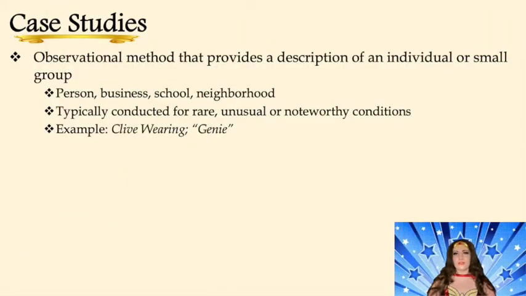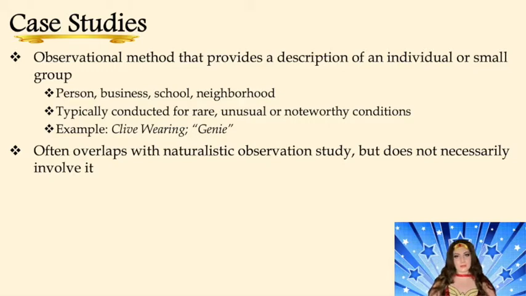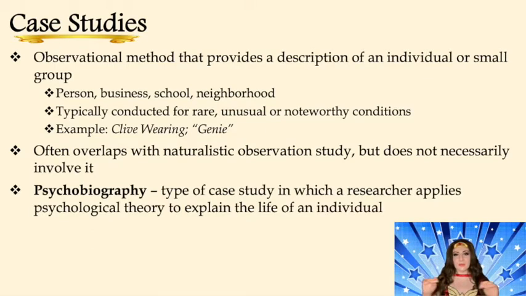Case studies often overlap with naturalistic observations, but they don't necessarily need to involve it. And a specific type of case study is called a psychobiography. A psychobiography is the type of case study in which a researcher applies psychological theory to explain the life of a particular individual.